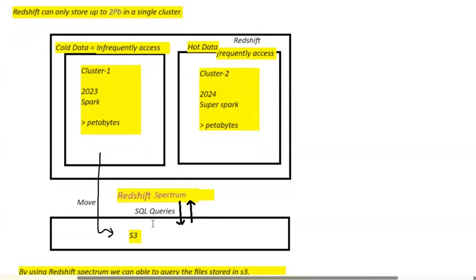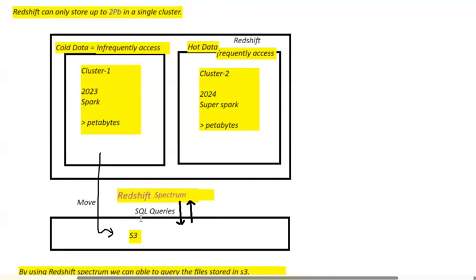So now the question is, can we join the table of my cluster and my data file table? Let's say one of my tables is present in my cluster and one of my tables is present in an S3 data file. Can I join them by using Redshift Spectrum SQL queries?